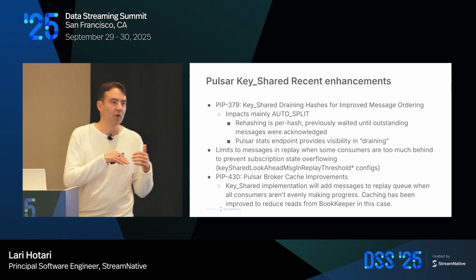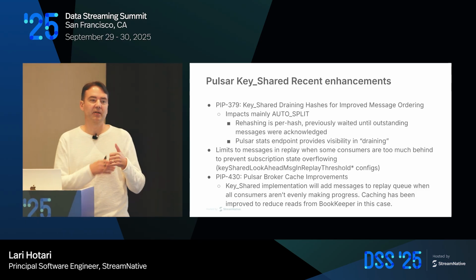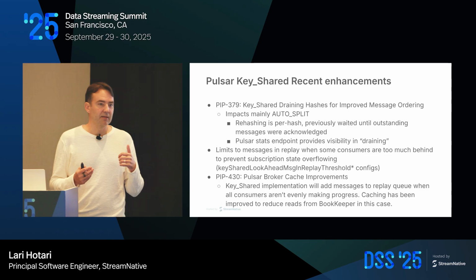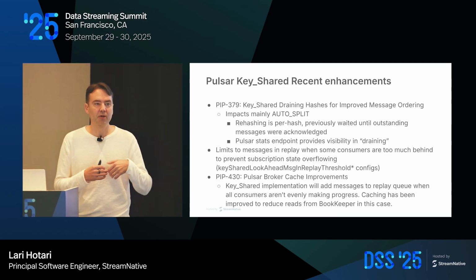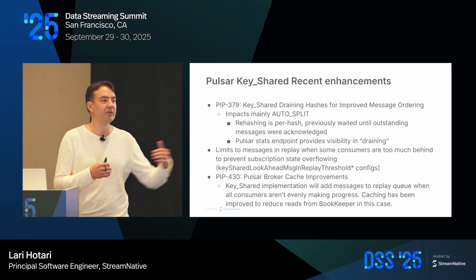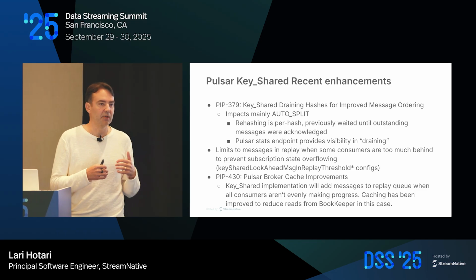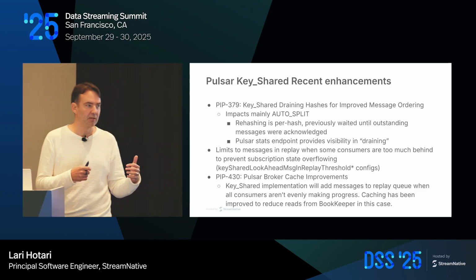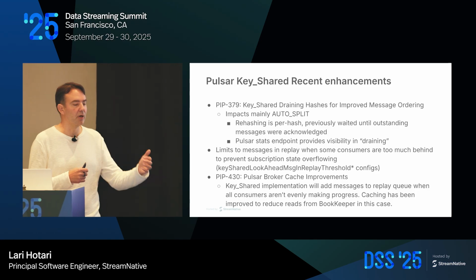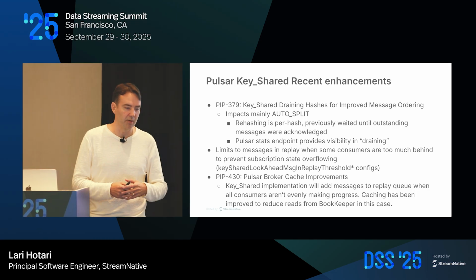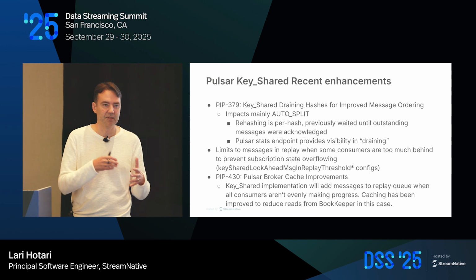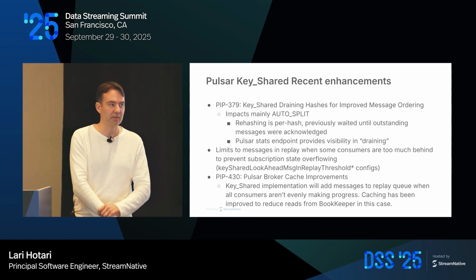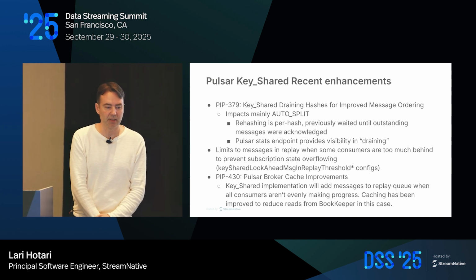And then when it's possible to send that to the consumer, before this change, it was very common that it had to actually go and read the same message from the bookie again. And that would incur network cost and also unnecessary load on the bookies. So these caching improvements solve it in many cases.